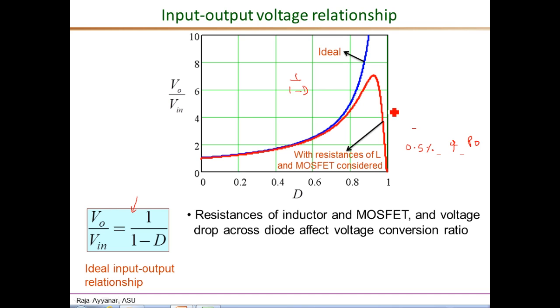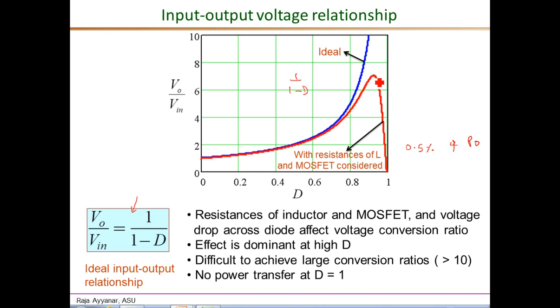So we can see that for this typical condition, Vo over Vin is no more than about 7. So it is very difficult to get large conversion ratios greater than 10. It's very difficult to achieve, even if we can make the resistance of the inductor extremely small. And this deviation from the ideal Vo over Vin relationship is dominant for high values of duty ratio.